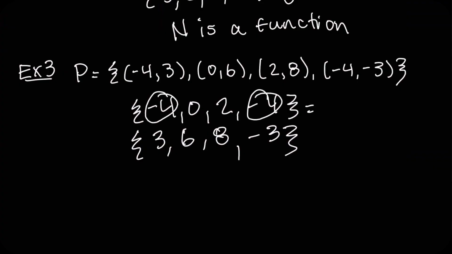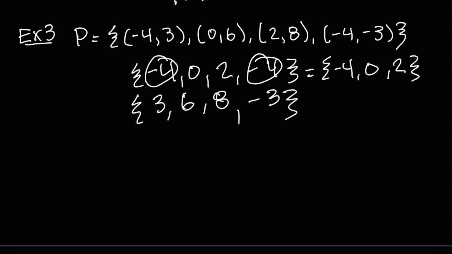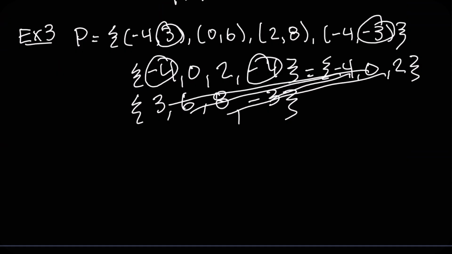So this is actually going to be equal to a -4, a 0, and a 2. And then we can go ahead and map these. So if you notice, the -4 maps to our 3 here and a -3. So we have our x value mapping to 2 y values instead of 1 to 1. Our 0 goes to a 6, and then the 2 is going to the 8. So this one's actually not a function because this -4 is going to the 3 and the -4 is going to the -3. So we can say p is not a function.